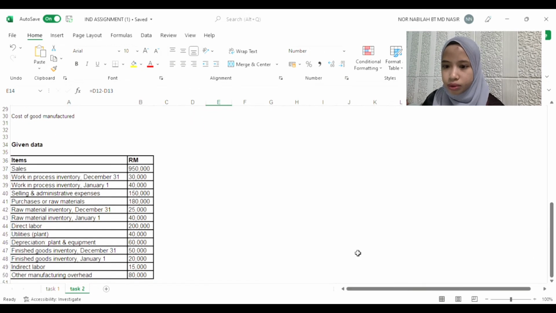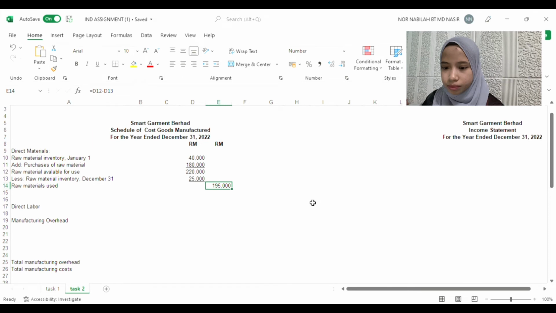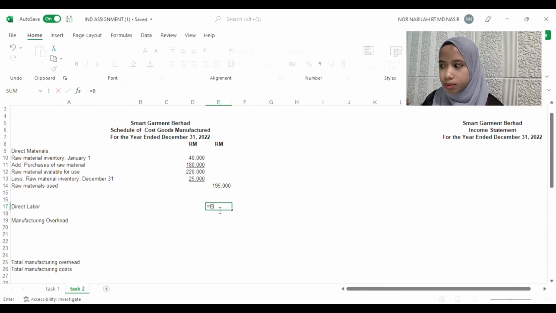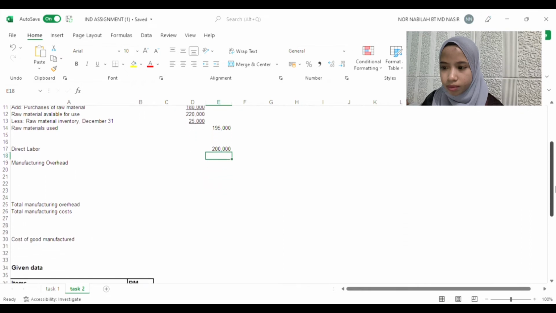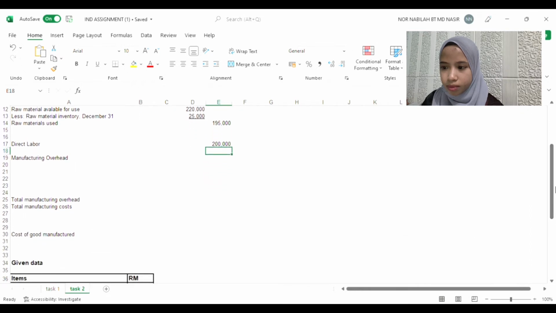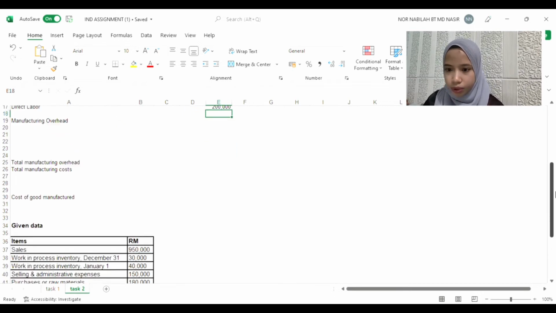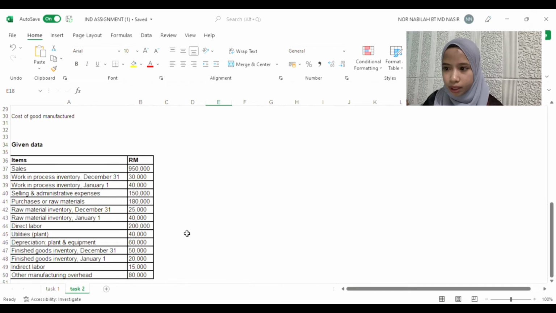Next, we go to direct labor. Direct labor, look at the given data. Direct labor is 200,000. And then we go for manufacturing overhead.